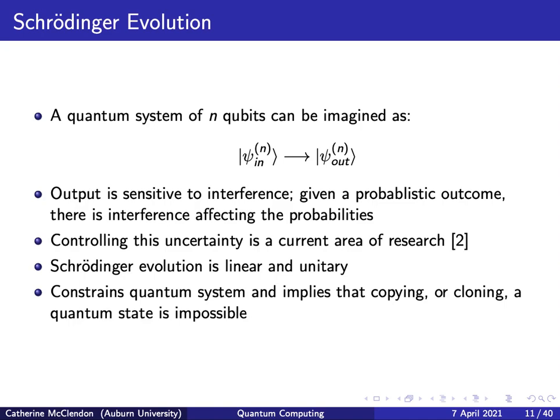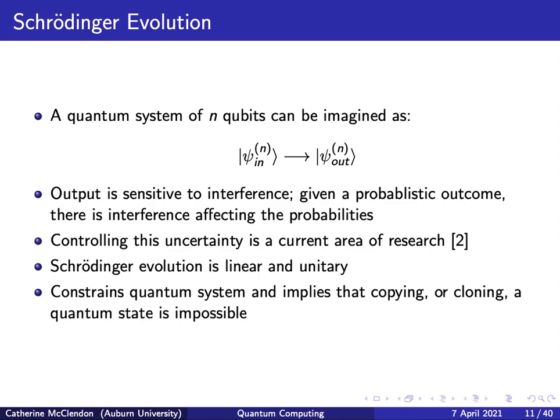Instead of just bits, it's the quantum state entering and exiting the system. The output of this system is sensitive to interference from the states. Given a probabilistic outcome, there is interference affecting the probabilities. And controlling this uncertainty is a current area of research in quantum computing.